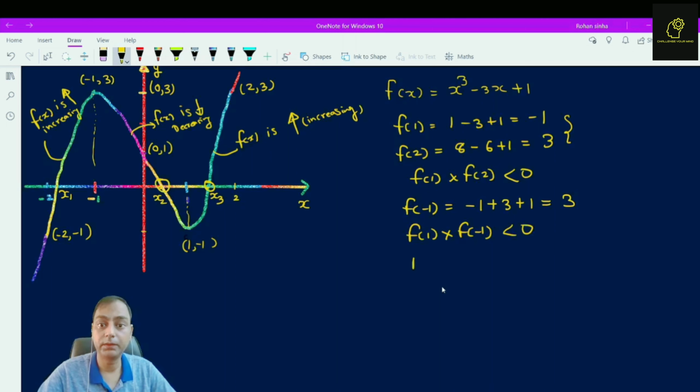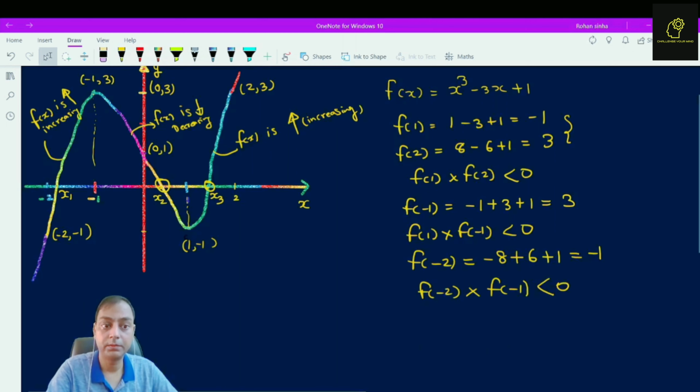And what about f of minus 2? f of minus 2 is minus 8 plus 6 plus 1, so this is equal to minus 1. So f of minus 2 into f of minus 1 is again less than 0. So we find that x1 is between minus 2 and minus 1.